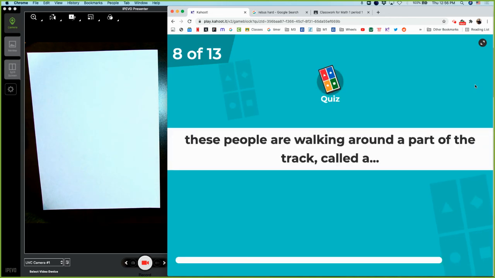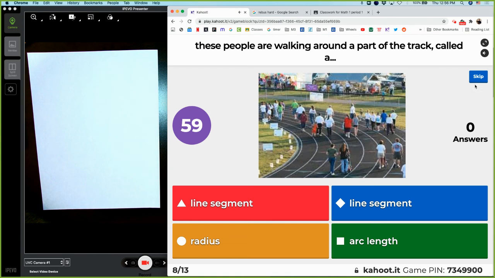These people are walking around part of the track called a what? They're walking around part of the track. Let's assume this is like a big circle track. It's a semicircle.